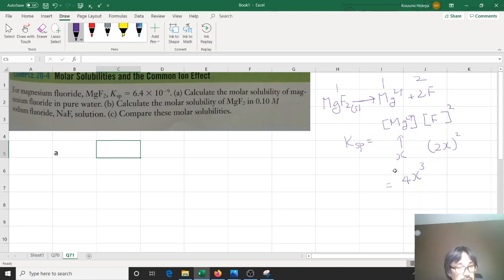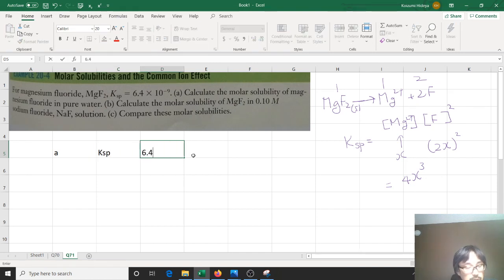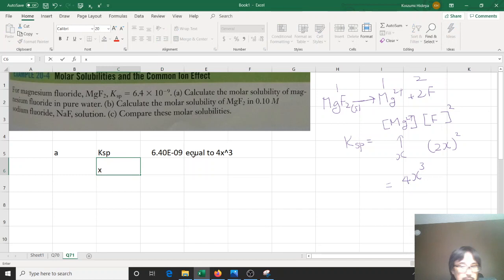So let's calculate the concentration of Mg2+. KSP is given as 6.4e-9, and that's equal to 4x cubed, right? So what's x here for the concentration of Mg?